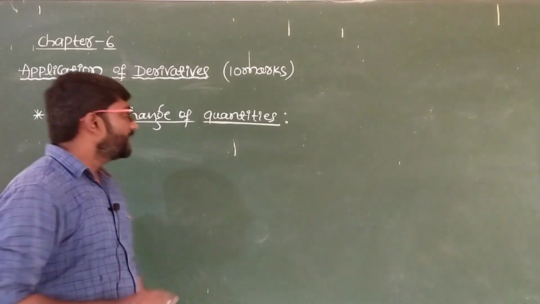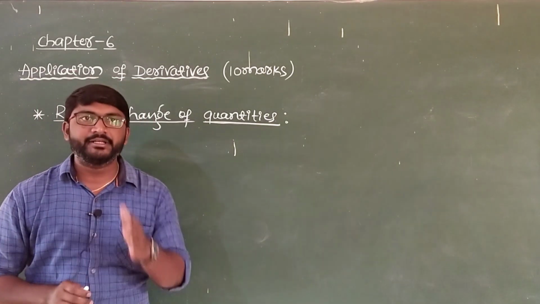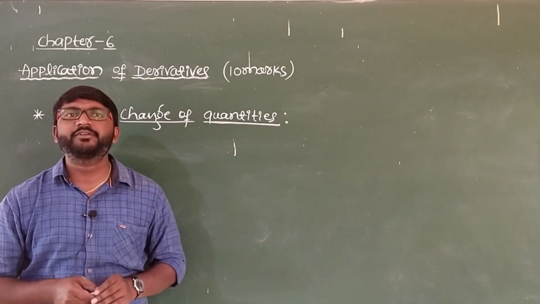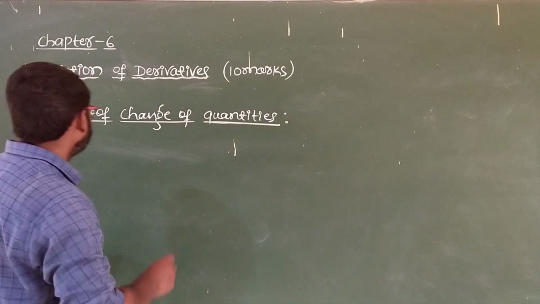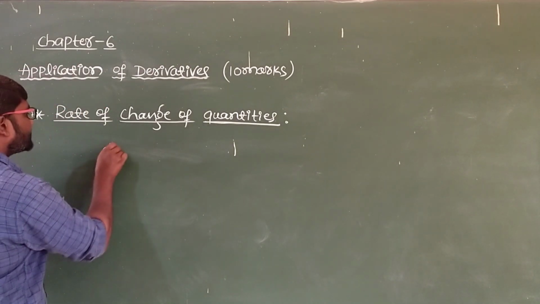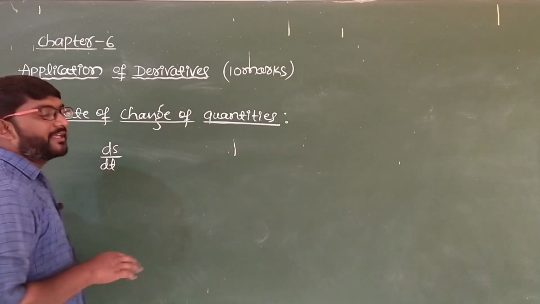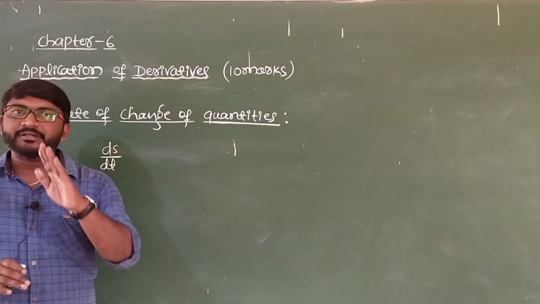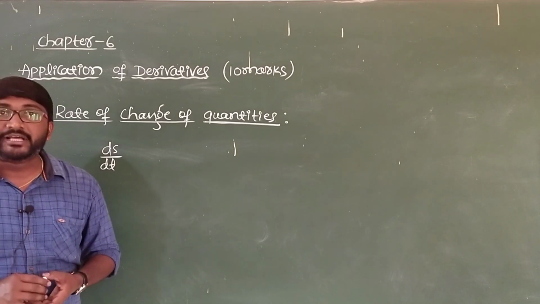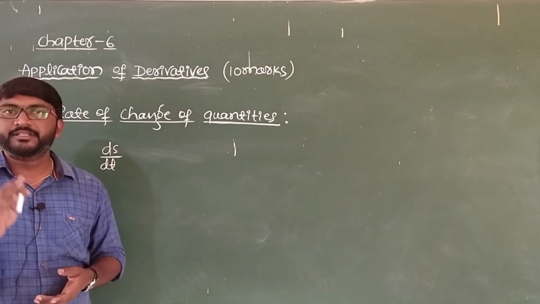For example, how do you define speed in physics? You have studied this in your first PUC or in 10th standard. It is ds by dt, the rate of change of distance with respect to time. This is how we define the speed.